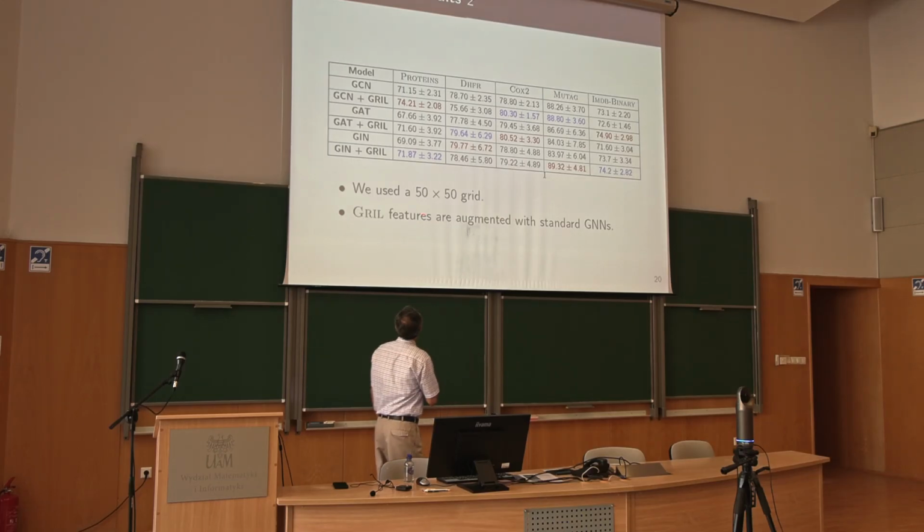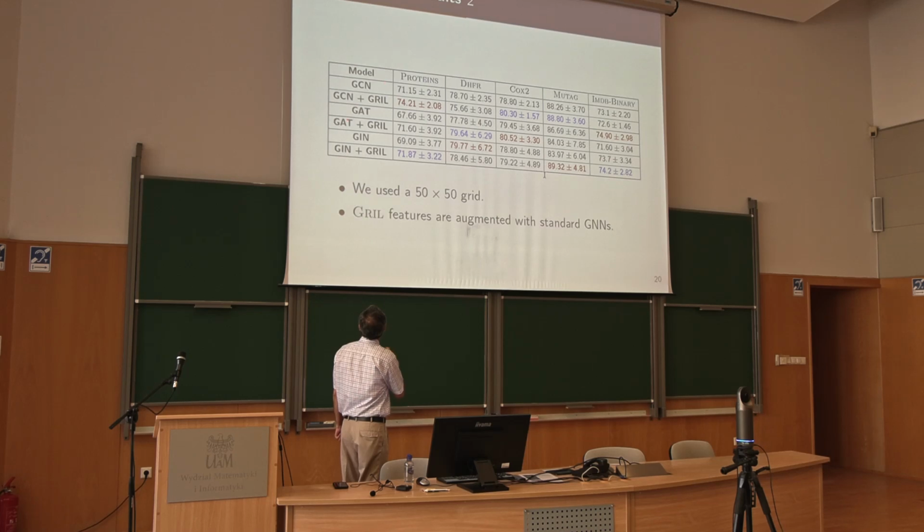For example, we already have GCN and GIN; these are architectures already well known to perform well for graphs. What we did was augment their features with the grid features, and then we saw how it does on these data sets. Again, you can see that whenever you put the grid on top of these well-known networks, it gives better results.